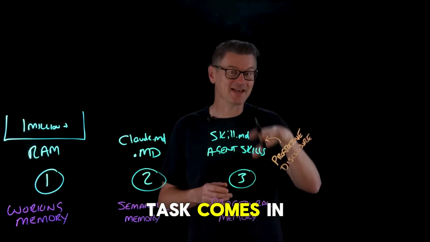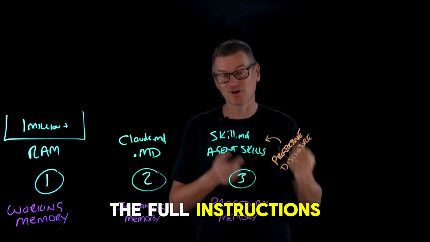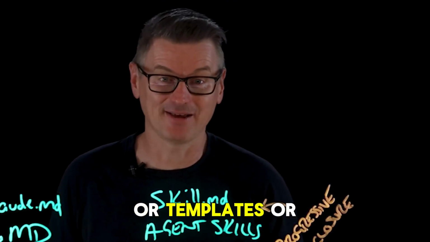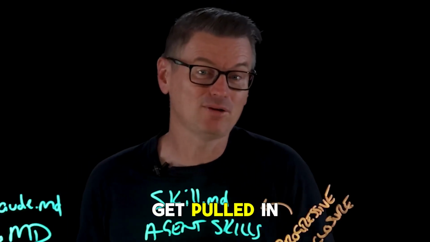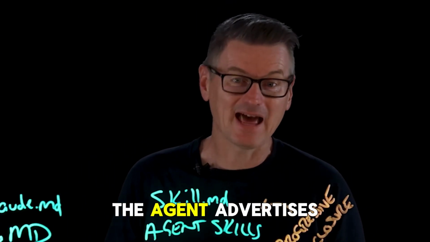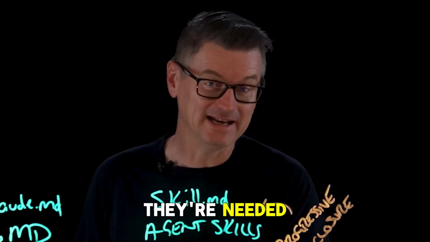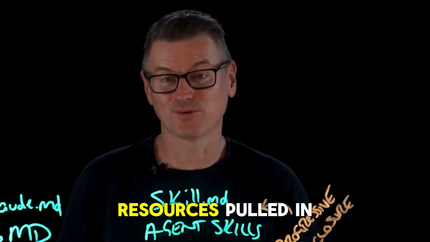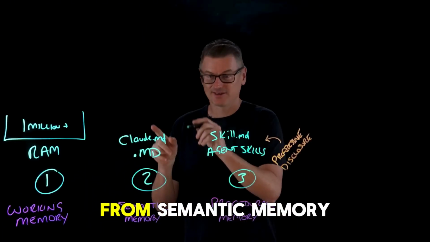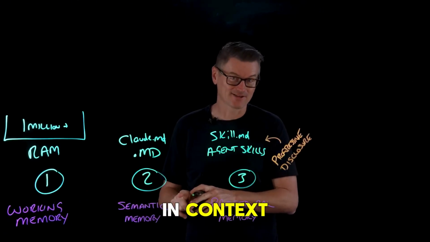Then when a task comes in that matches one of these skill descriptions, the agent loads the full instructions. And if the skill references other stuff like other files or templates or scripts, well, those only get pulled in when the agent actually needs them during execution. So the agent advertises what skills it has, it loads the instructions in when they're needed, and then executes with the additional resources pulled in as they're needed as well. And all that is quite different from semantic memory, where the knowledge is always present in context.